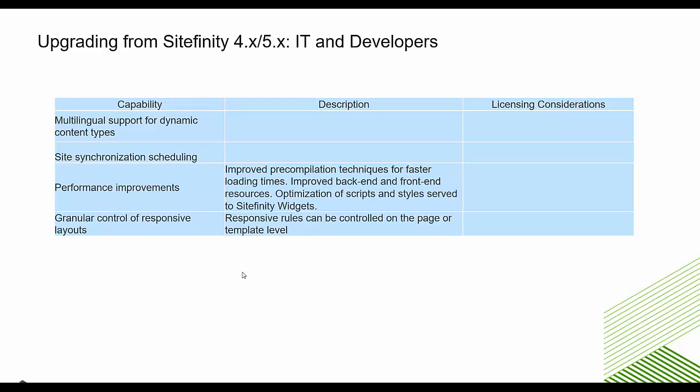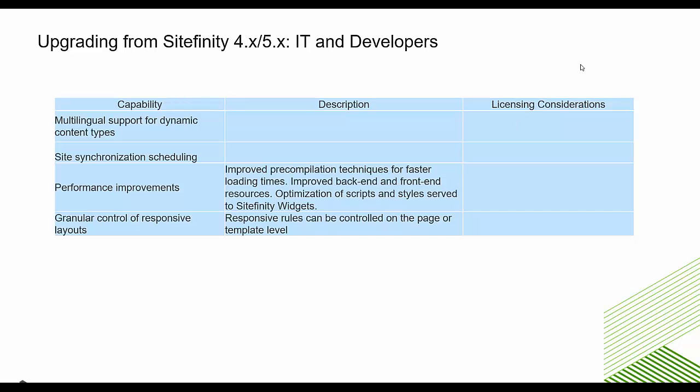We had multilingual support for dynamic content types in 6.x, and site synchronization scheduling, which allows you to schedule your synchronization. Again, in each of these we've shown that we've done a number of performance improvements each time.